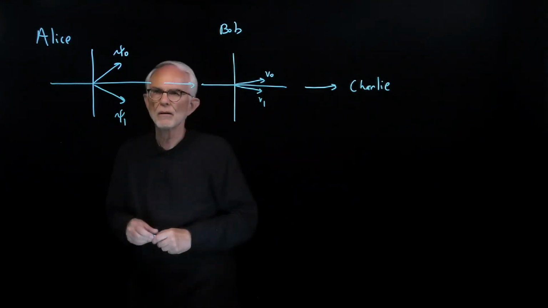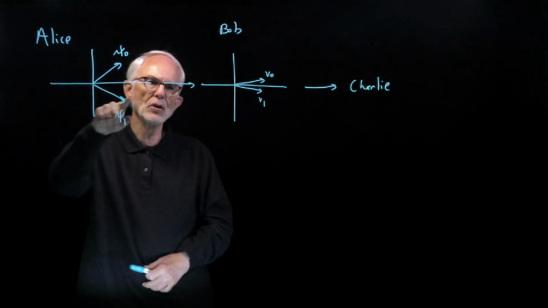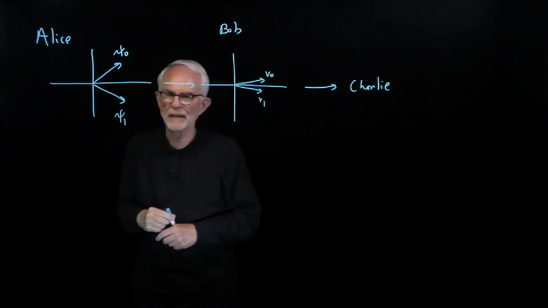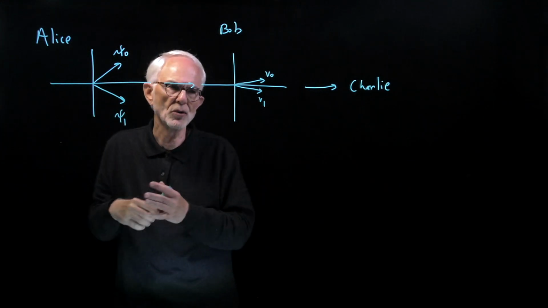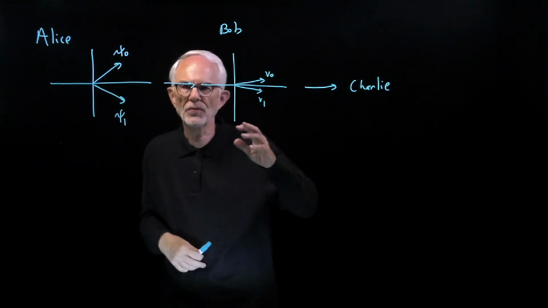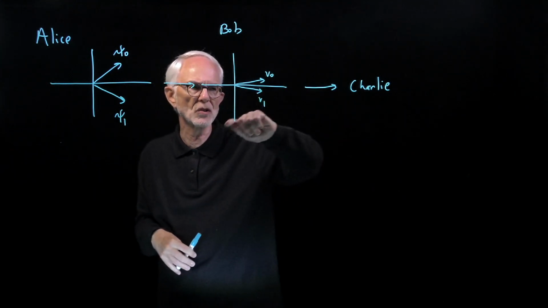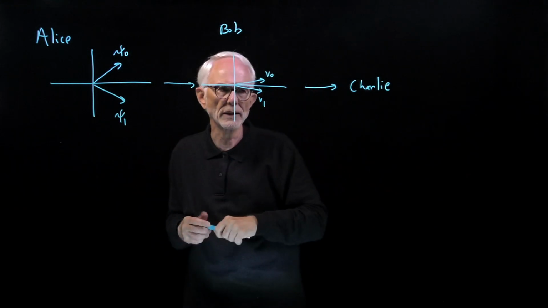Now let's look at what the states that get sent to various people look like. So we start with Alice. She sends either psi0 or psi1, and those go to Bob. Bob then does a measurement, and what that does is that extracts some information from the qubit that he is measuring. And so if he gets a 0 or a fail, he sends V0 to Charlie. If he gets a 1 or a fail, he sends V1 to Charlie.